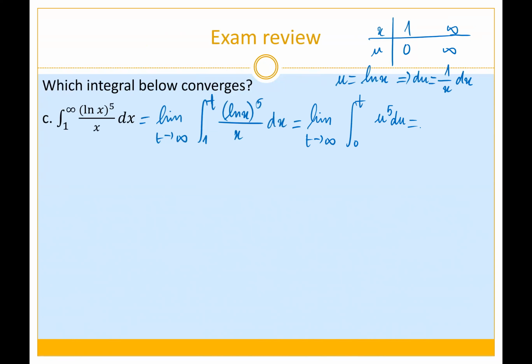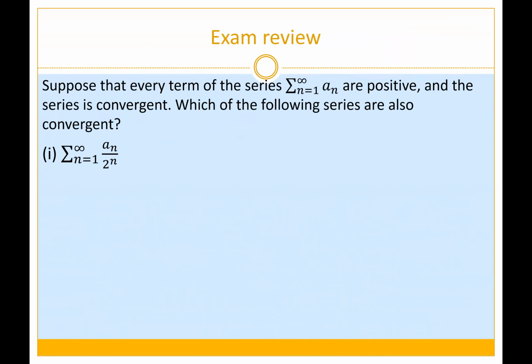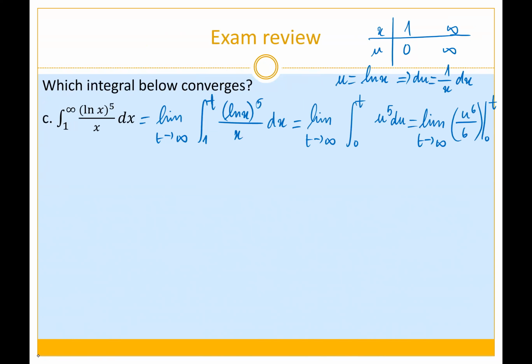So here you have the limit as t approaches infinity of u to the 6 over 6, from 0 to t. If you plug in, you have t to the 6 over 6 minus 0, and as t approaches infinity this term goes to infinity. So this integral diverges.